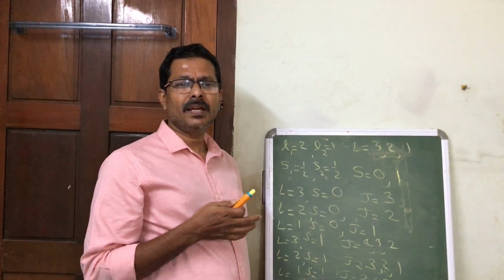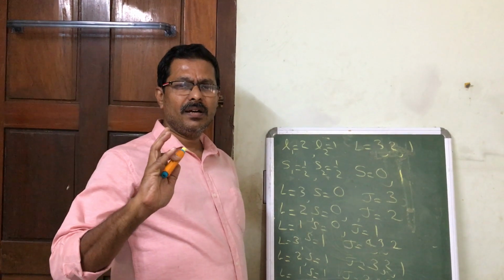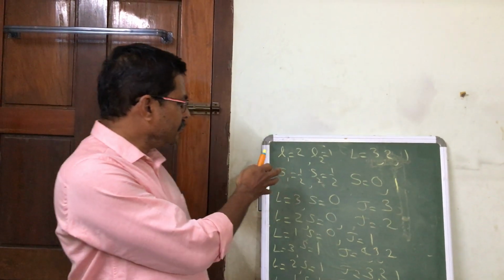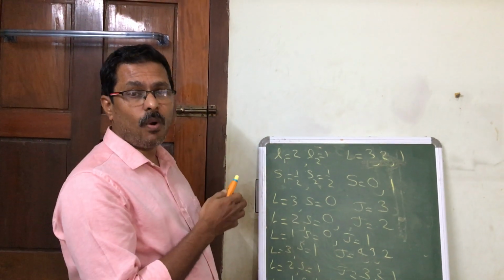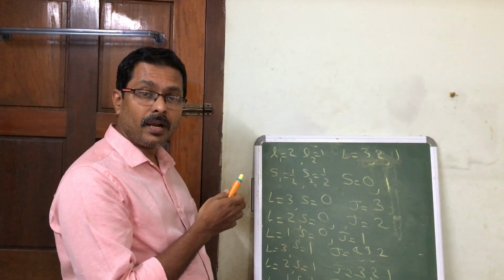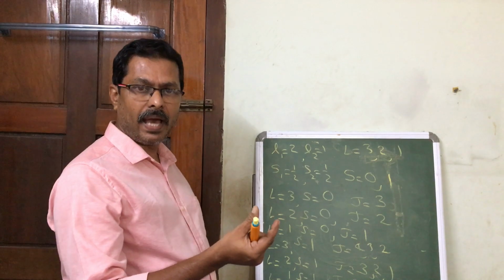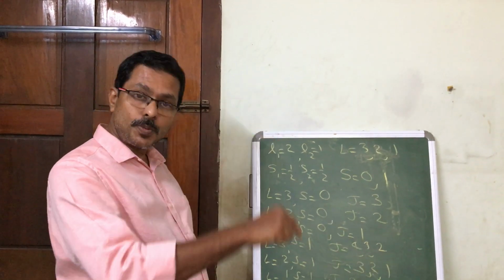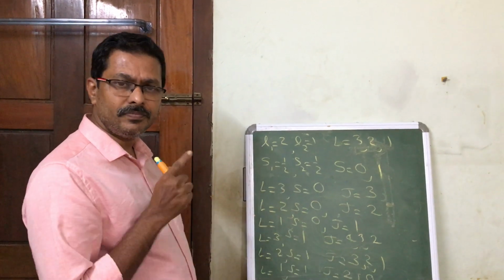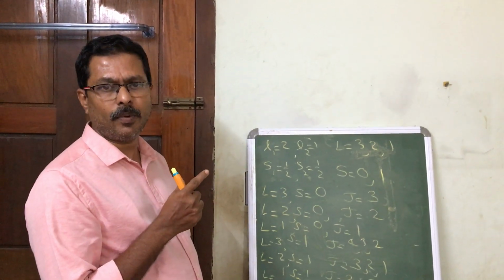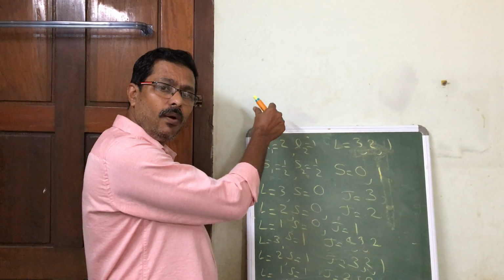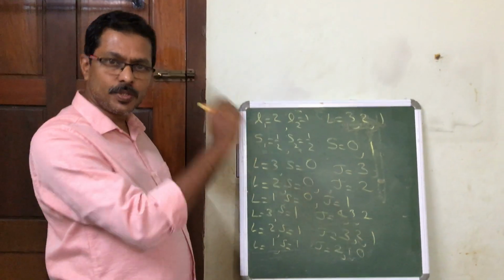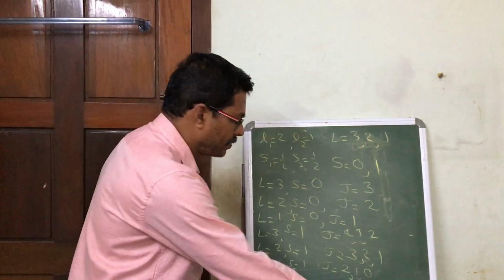That means here the interaction of orbital angular momenta is more than the interaction between spin angular momenta and orbital angular momenta. That is why individual orbital angular momenta combine together, as well as individual spin angular momenta.